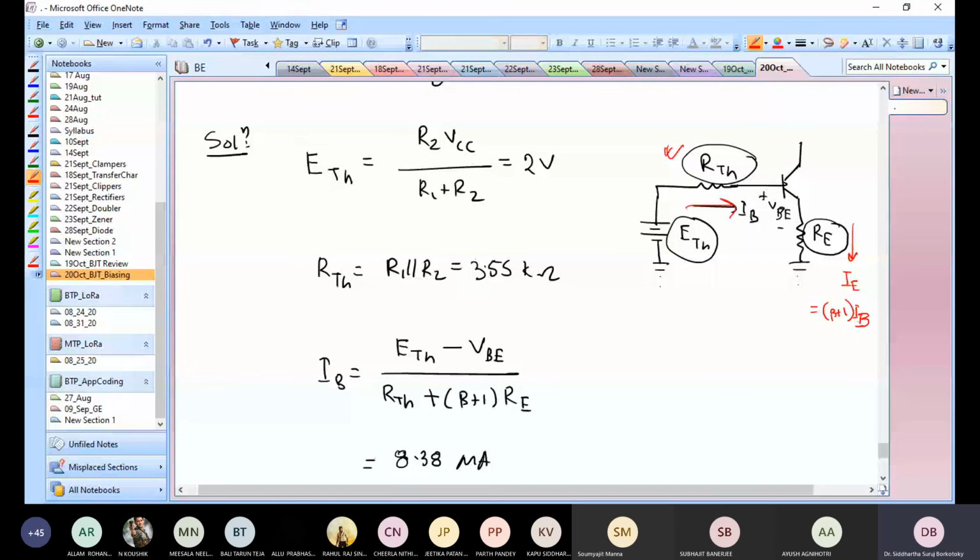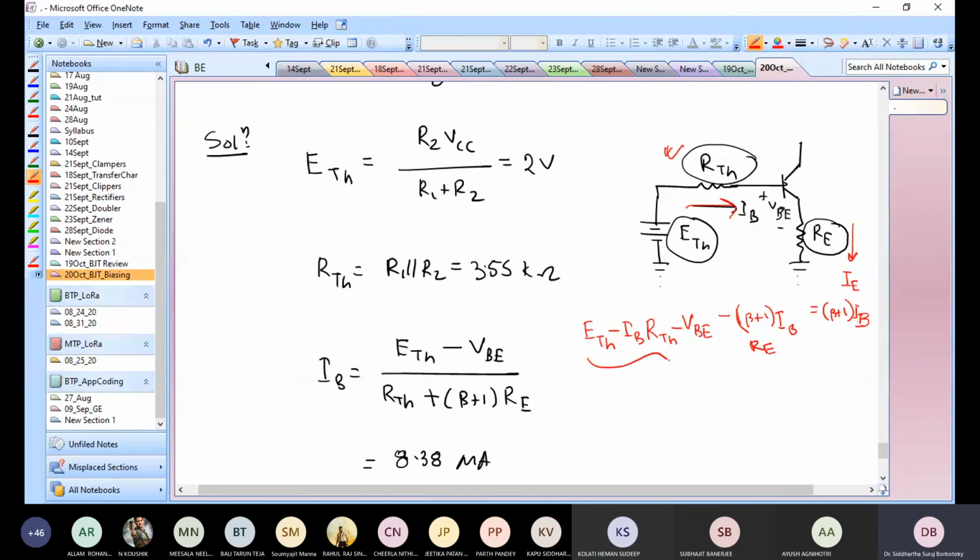So when I have this, I can write down the KVL equation for this. The KVL equation would say that E Thevenin minus IB R Thevenin minus VBE minus (beta plus 1) IB into RE equals zero.